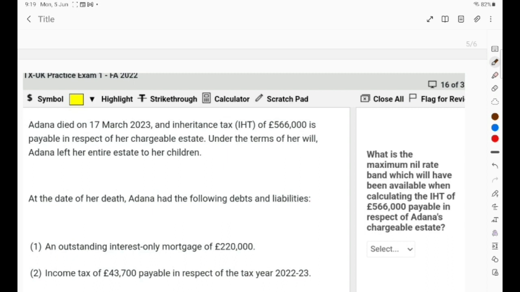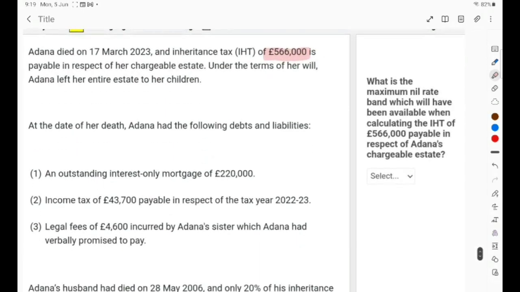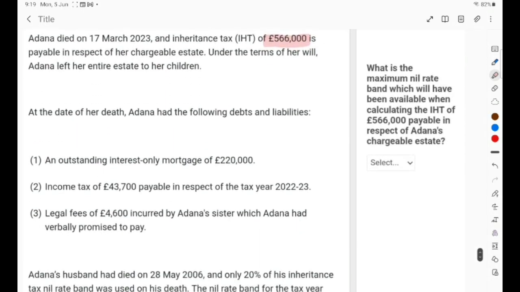Adana died on 17th March 2023 and inheritance tax of 5,66,000 is payable in respect of her chargeable estate. Under the terms of her will, Adana left her entire estate to her children.